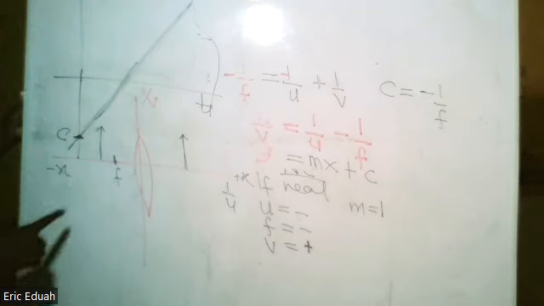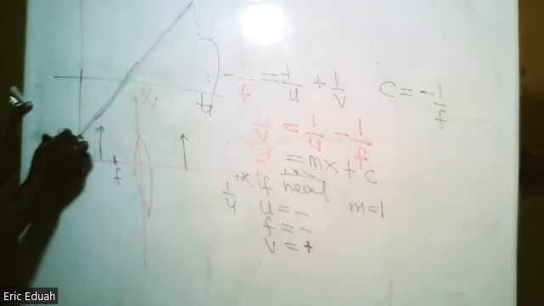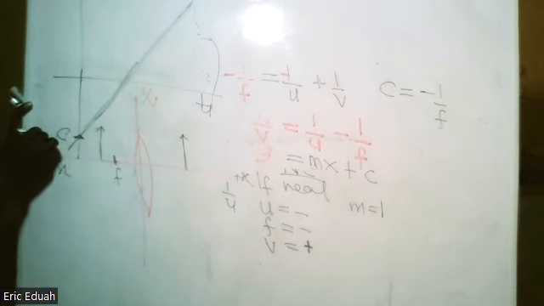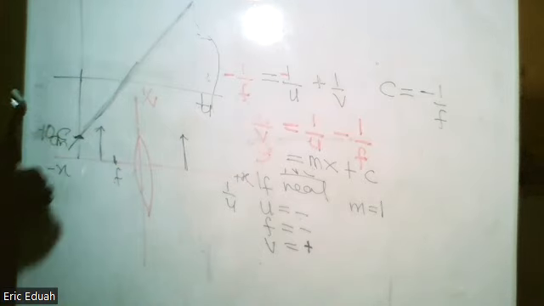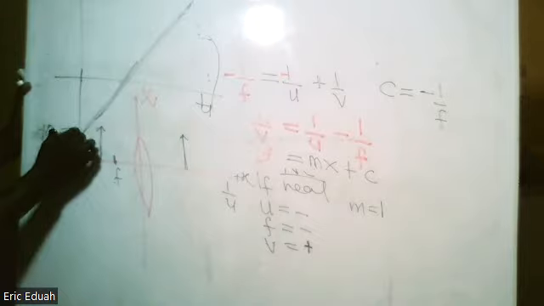So in practicals, what we usually do is that you can use this to find the focal length of the lens. When you have determined where the graph cuts the vertical axis, assuming on the graph this is 10 centimeter.